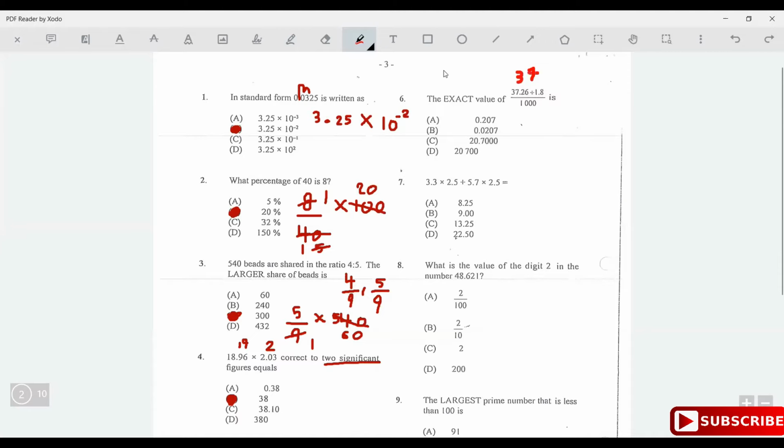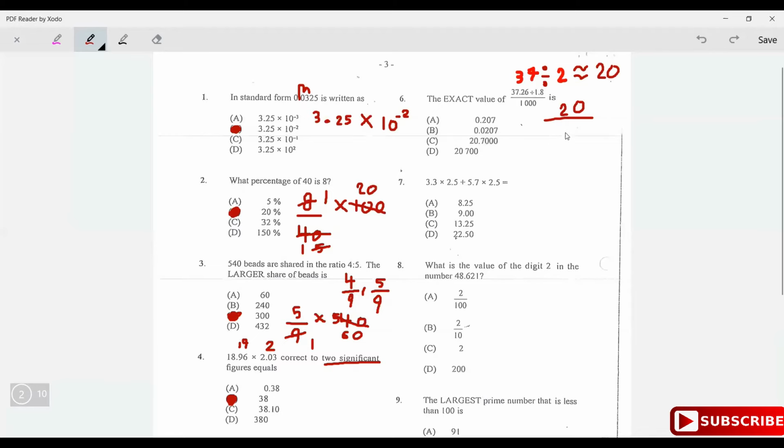If you ignore the decimal places, 37 divided by 2 is roughly 20. The answer in the numerator would be approximately 20. And then you have 20 over 1,000.